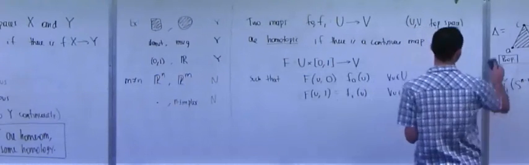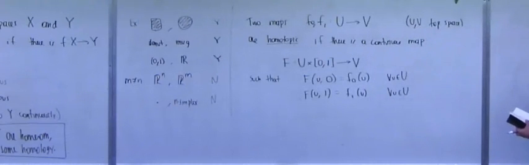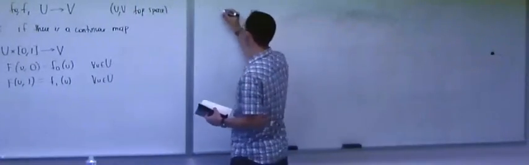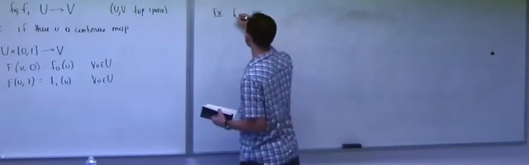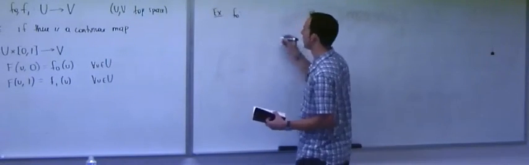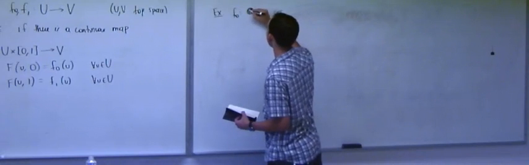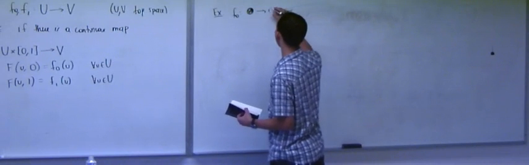So let's see an example of this. I'm going to consider two maps from, say, just the unit ball to the unit ball.